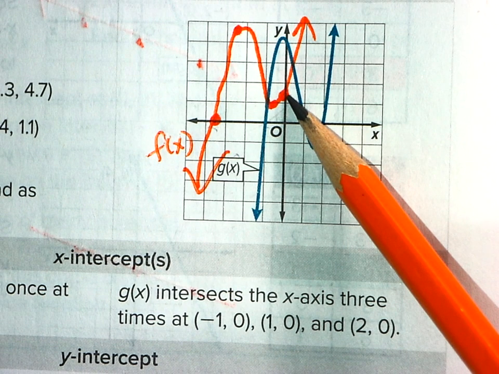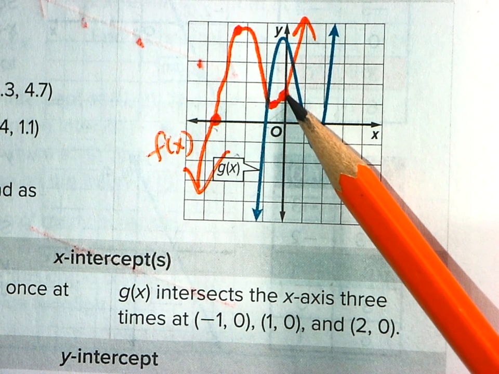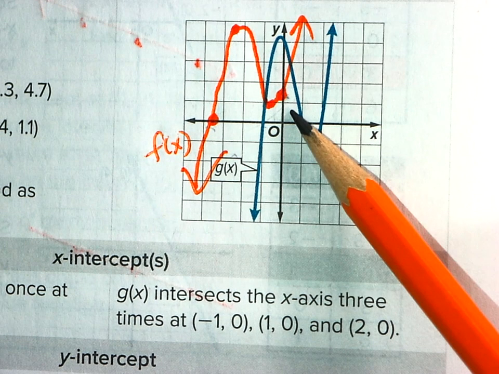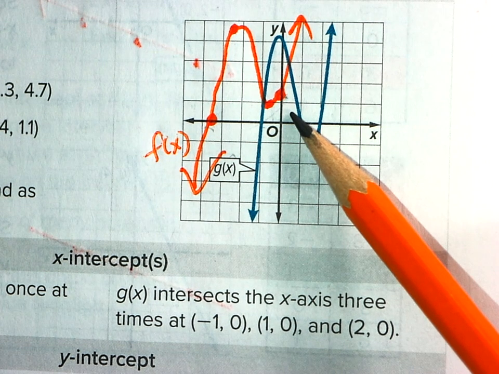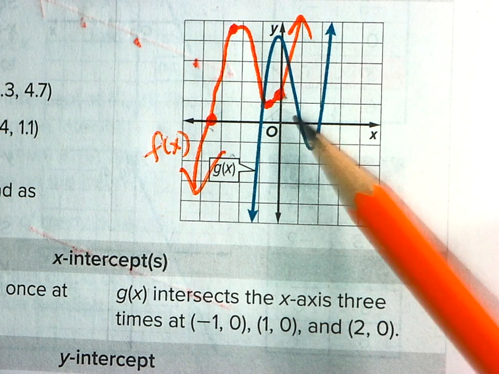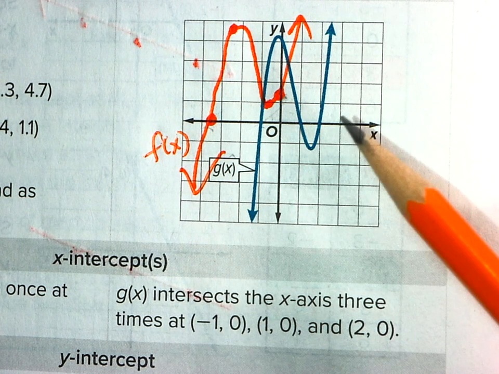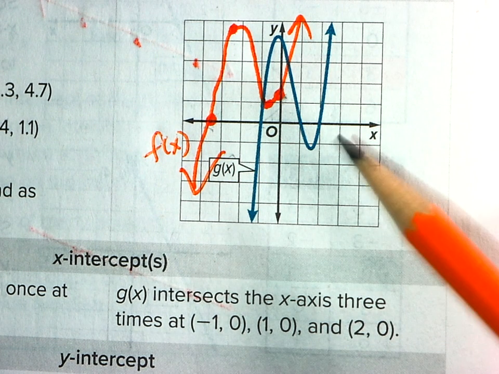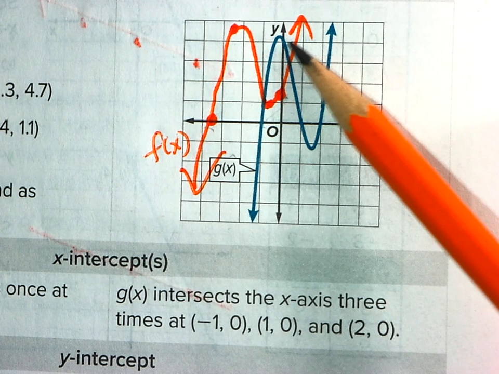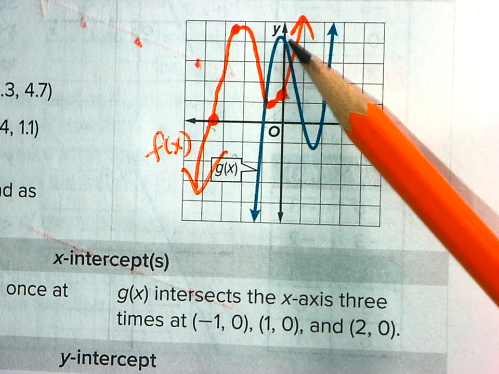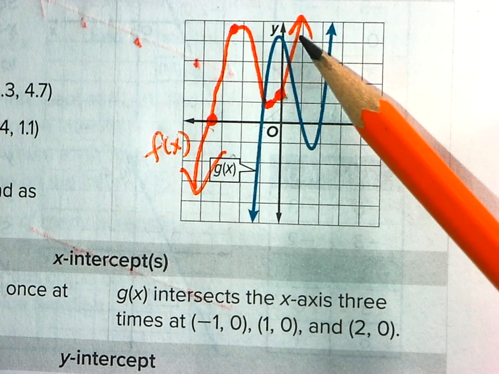Is that less than or greater than the blue intercept? Please write that, less than. You are correct. So g of x is our blue line, intersects the y-axis. Is that higher or lower than that point right there? So please write higher.